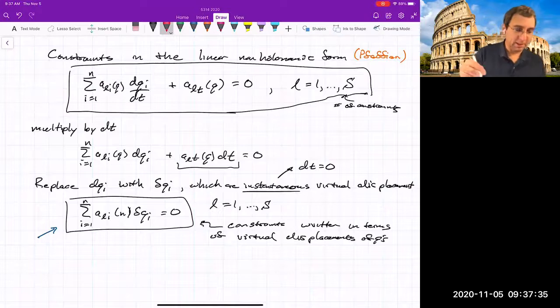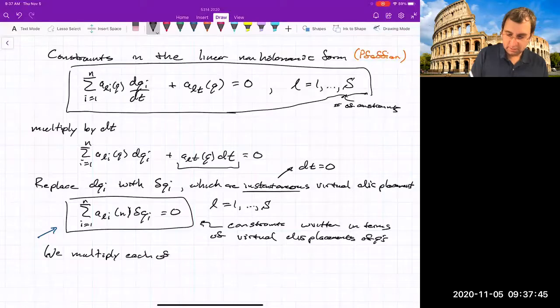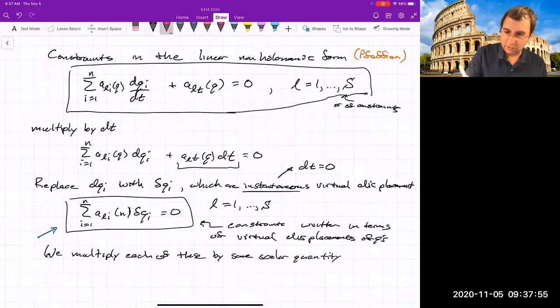So we're going to multiply each of these by some scalar quantity. It might be a function of things, but we'll call that scalar quantity lambda L, because there'll be an index L attached to each of these.